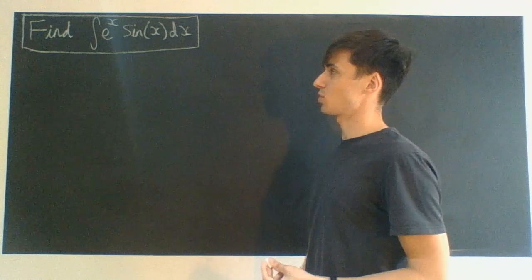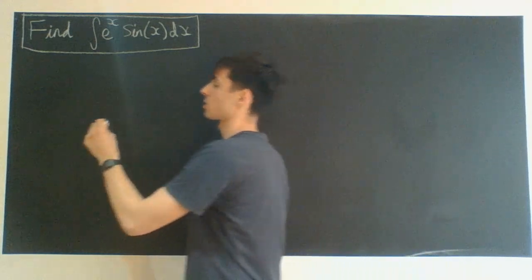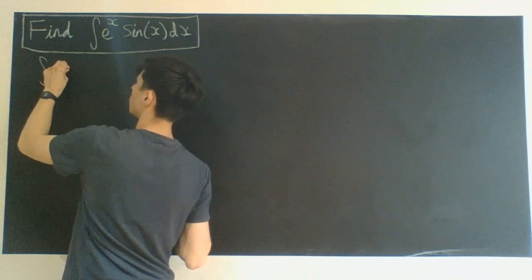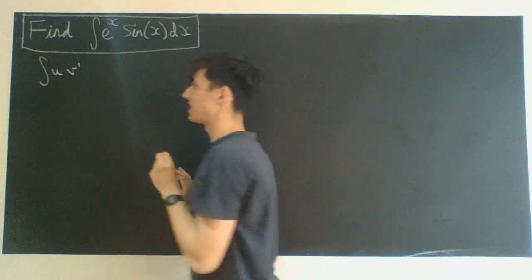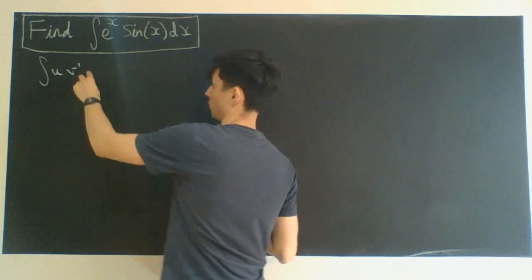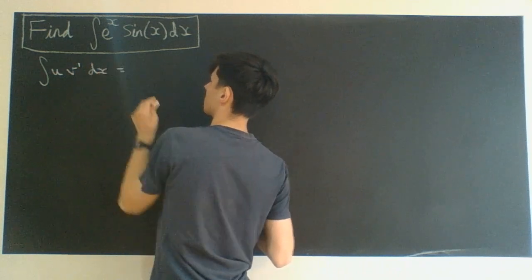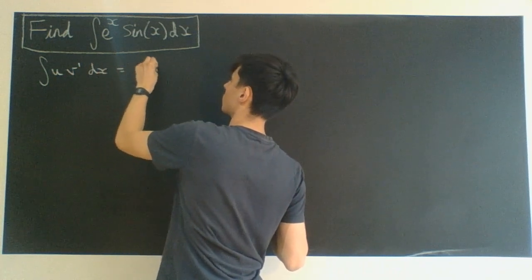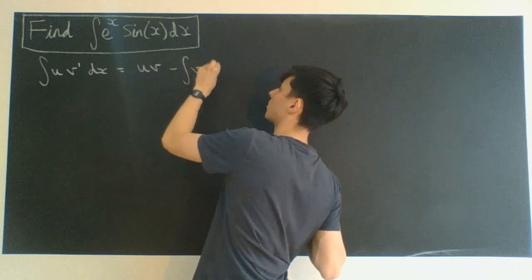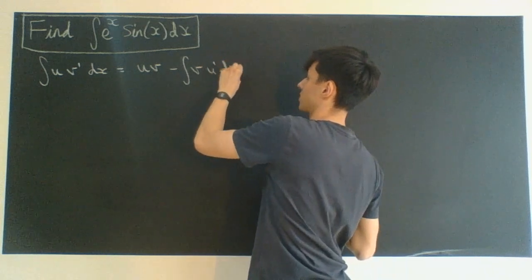And thinking about integration by parts, well, let's write down our rule that we know first. So we know the integral of u v dash, as in dv by dx, with respect to x, is equal to uv minus the integral of v u dash, du by dx, with respect to x.